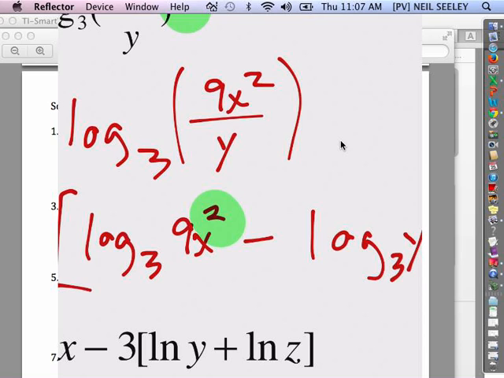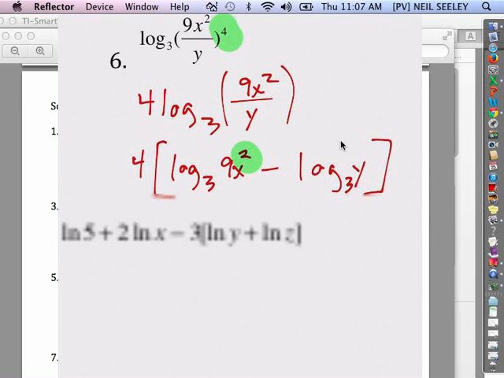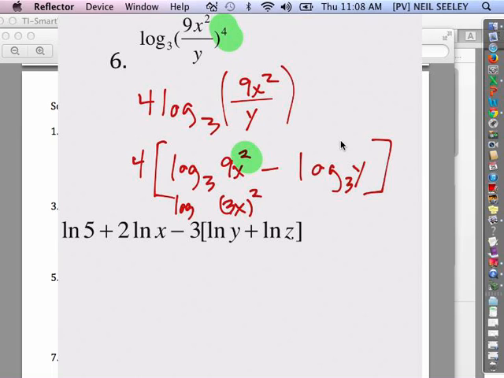You could only factor that out if you rewrote this as 3x squared, which means the whole thing you're logging, you can take that exponent out front now. Do you see how that's different? You can only take an exponent out if it's an exponent of the whole thing you're taking the log of.